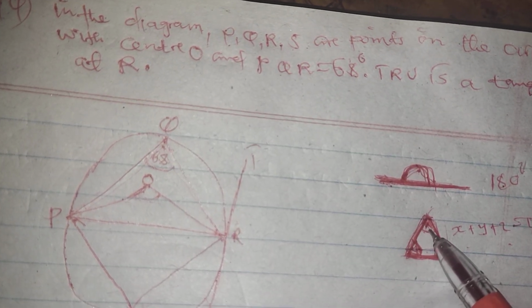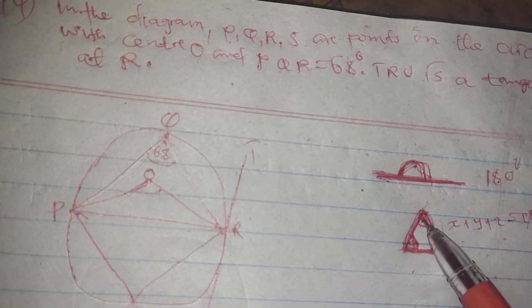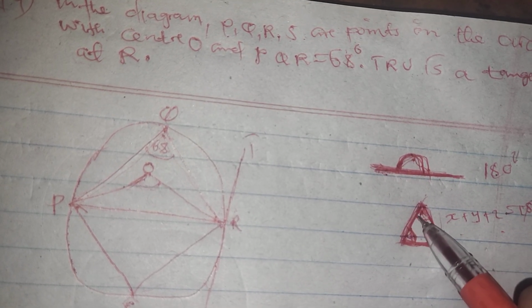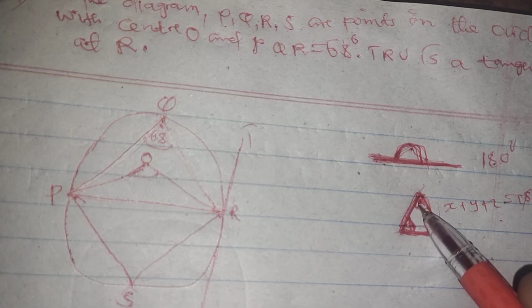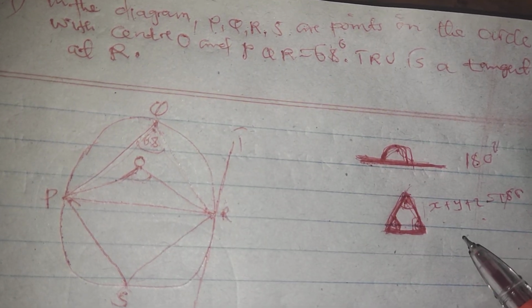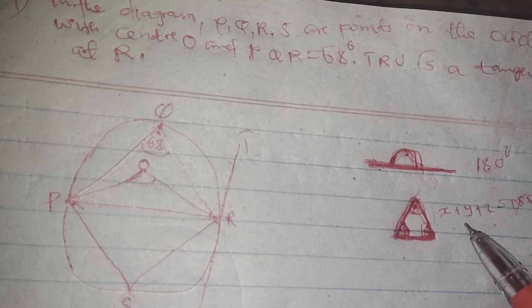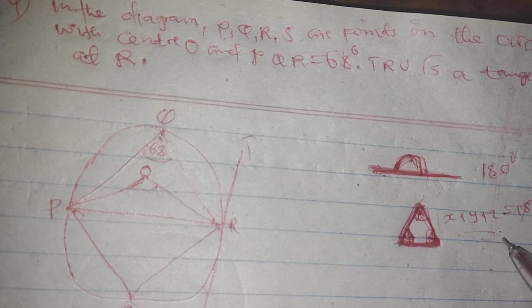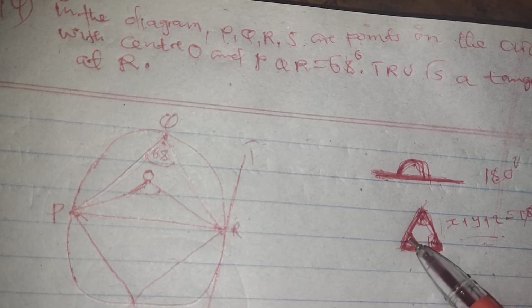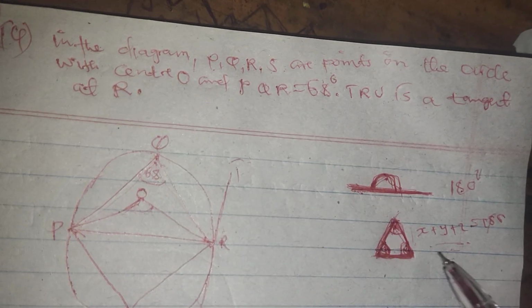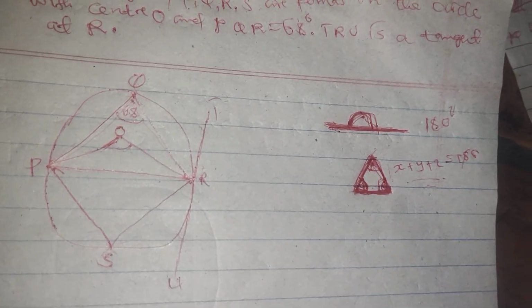So when you are given one angle and want to find the other angle, you subtract the given angle from 180, then divide the answer by 2 to find this angle. Okay, so this is property number 2.